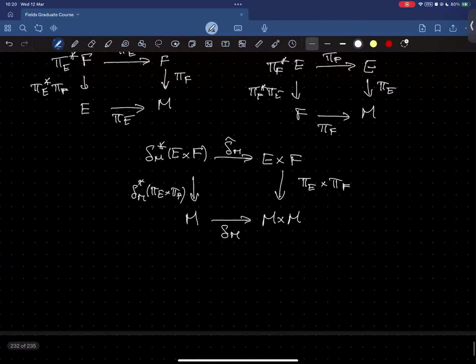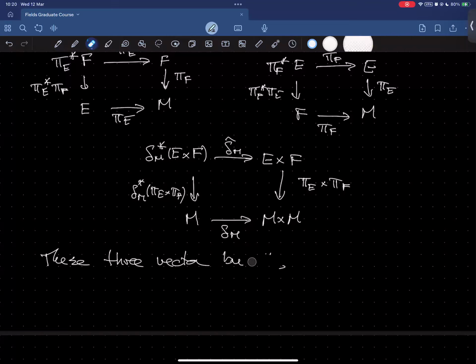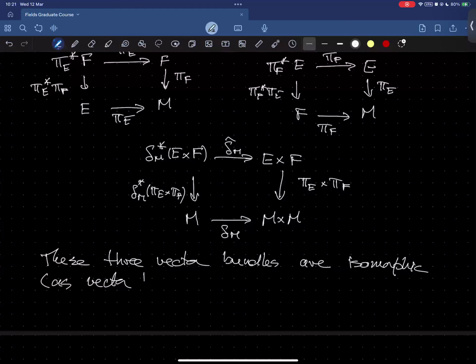All right, so let me say the fact. These three vector bundles are isomorphic as vector bundles to the Whitney sum.